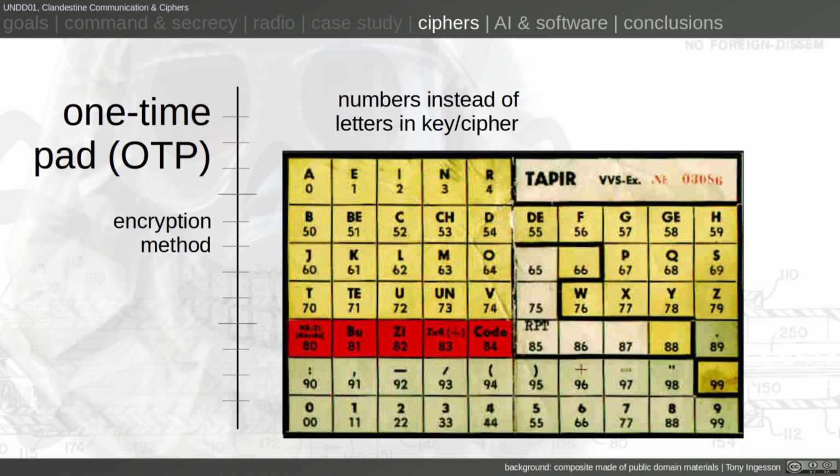A final word is that you can also use a table like this to convert between letters and numbers. Instead of just numbering the letters, you can have something that is a little bit more intricate, like this one. This one was issued by the East German Stasi for its clandestine communications users.